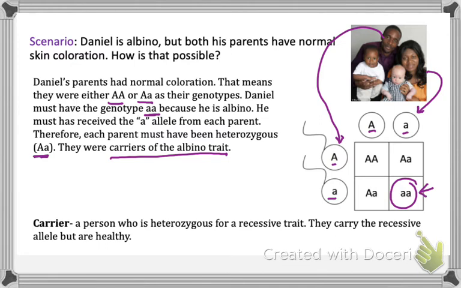Now, his parents had normal skin coloration, so they were able to produce melanin, producing their darker skin. They are carriers. We say that because they carry the recessive trait. They're heterozygous. They themselves are not showing the recessive phenotype, but they possess the recessive allele. And we'll see that term carrier being used a lot throughout this heredity unit, especially for genetic disorders.